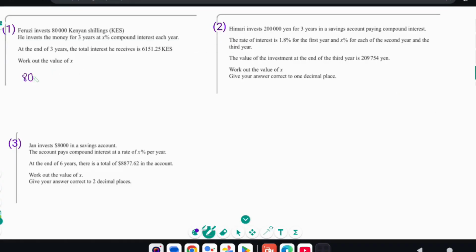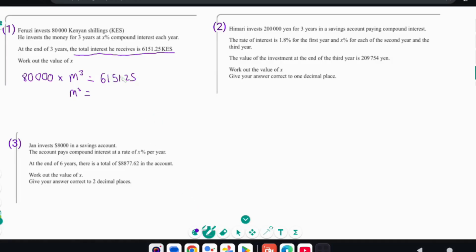So we've got 80,000 Kenyan shillings times our multiplier to the power 3 is equal to 6,151.25. To find our multiplier, we need to divide both sides by 80,000. Aha, hang on a second. I thought this didn't make sense.